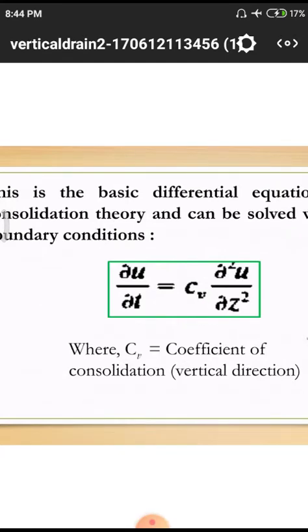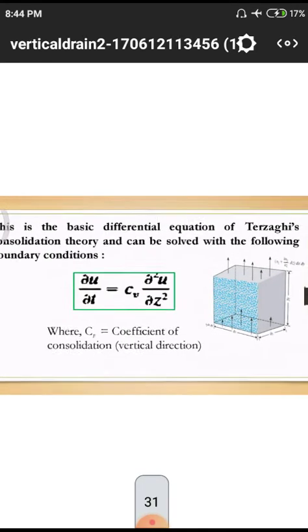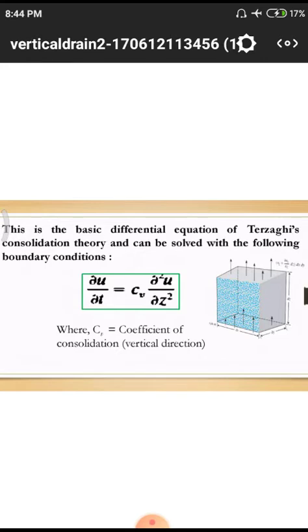This is the basic differential equation for solving the coefficients, where ∂u/∂t, the variation with respect to time, equals cv into ∂²u/∂z², where cv is the coefficient of consolidation in the vertical direction.